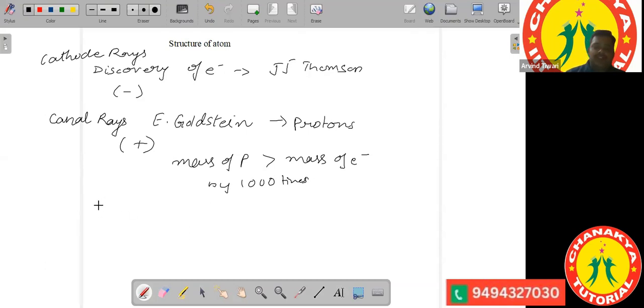Then about the J.J. Thomson's model. So Orosmith, can you tell me what was the J.J. Thomson's model? And what did it explain?